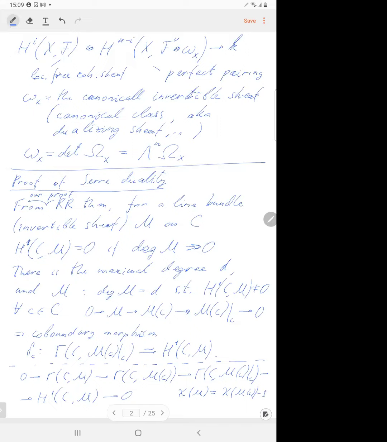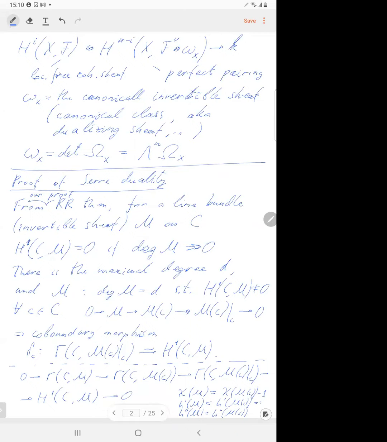And we know that the first cohomology of M is bigger than the first cohomology of M of C, right? But by assumption, and so the global sections must be the same. H1 of M is strictly smaller than H1 of M of C, and hence H0 of M must be equal to H0 of M of C. Okay.